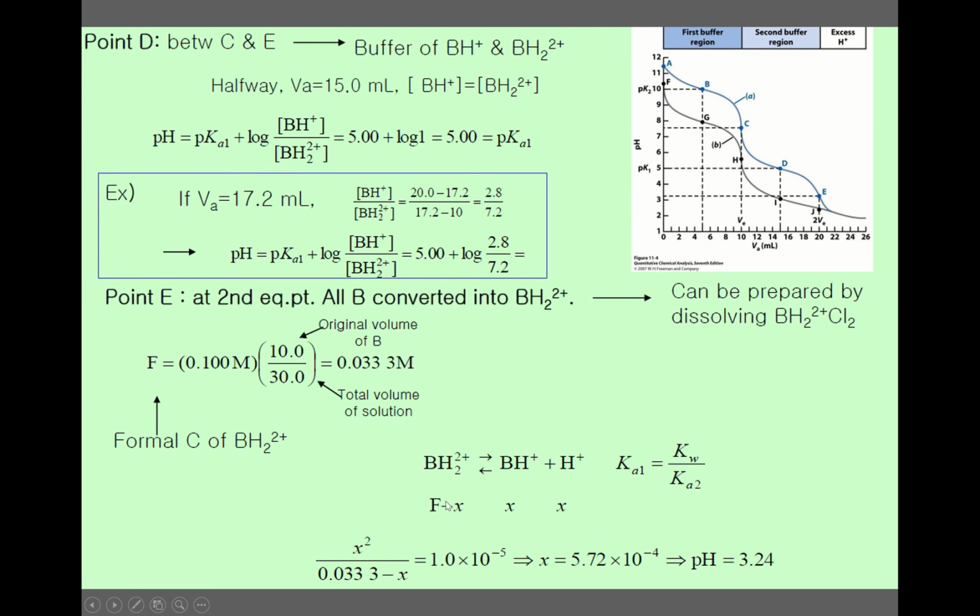And then we use this equation for the weak acid, and we solve for x. Now x is proton concentration, and we get this value of x, and pH is 3.24. So now the concept is the same as monoprotic acid or base cases.